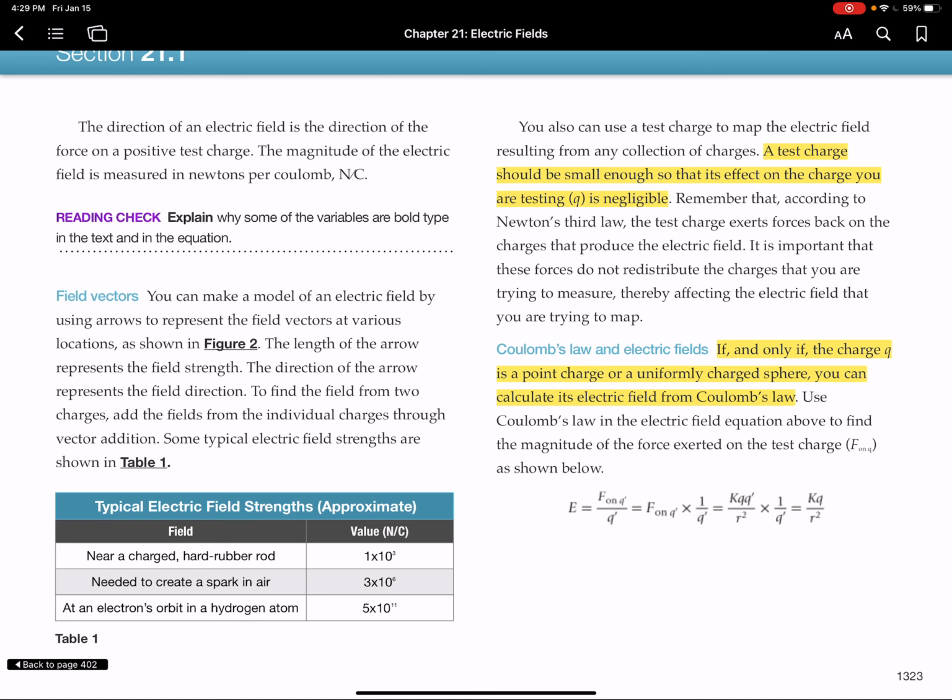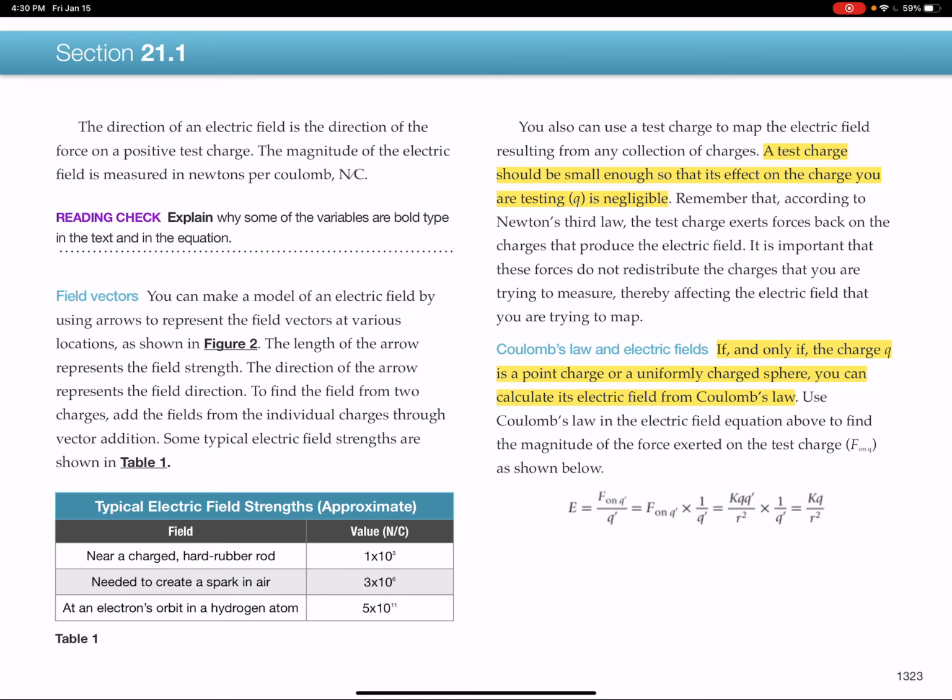If and only if the charge is a point charge or a uniformly charged sphere, then we can use Coulomb's law to calculate the strength of the electric field. In that case, it would be the Coulomb's law constant times the charge divided by the distance squared, the distance away from the charge. So this would be true, just like with Coulomb's law, the further away you are from a charge, the weaker the electric field would be.